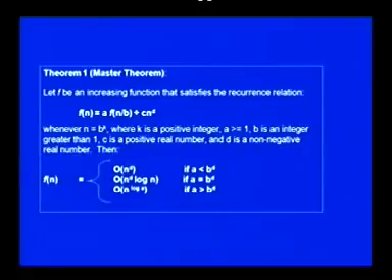So, whenever you see that your A is less than b power d, then the answer is going to be order of n power d. Suppose if you see A equal to b power d, then the answer is going to be order of n power d log n. Similarly, if A is going to be greater than b power d, then the answer is going to be big O of n power log A, right.